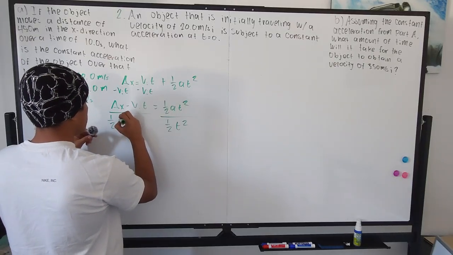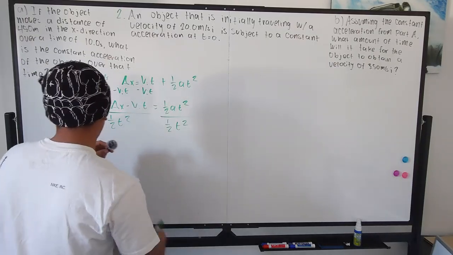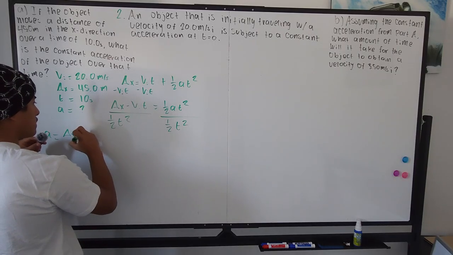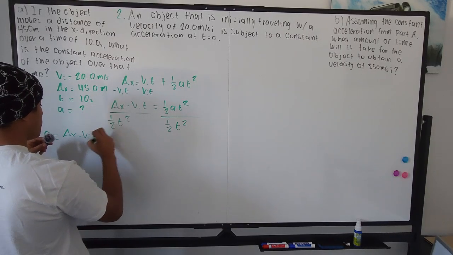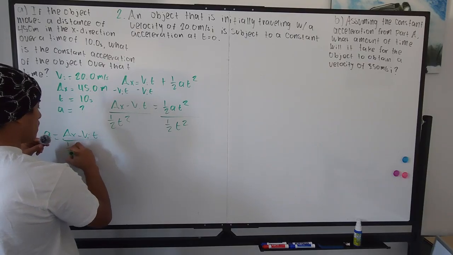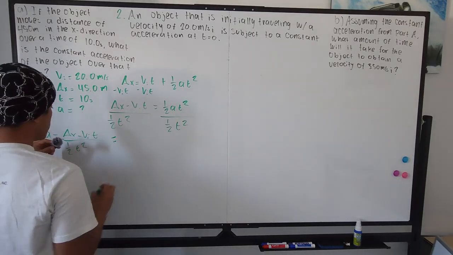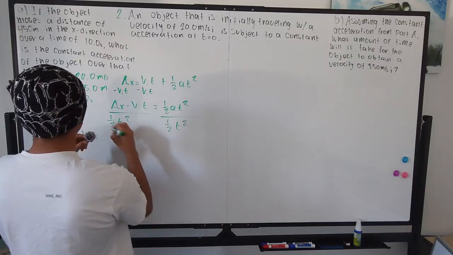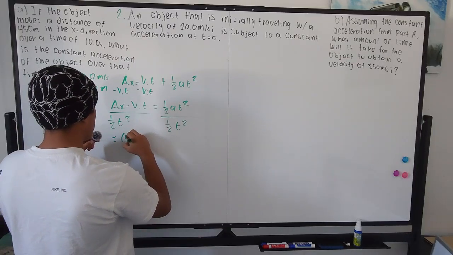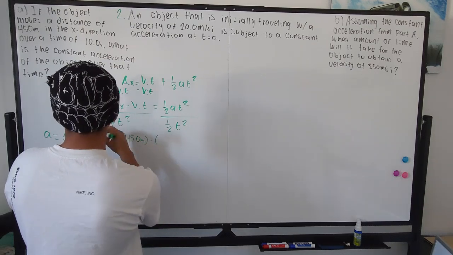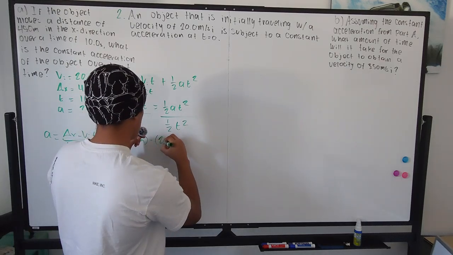So now we have a equals delta x minus v_i multiplied by t, all over 1/2 t squared. Plugging in my values, for delta x it's going to be 45 meters minus velocity initial, which is 20.